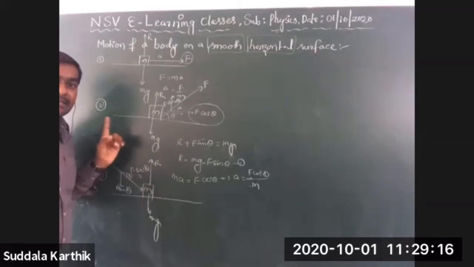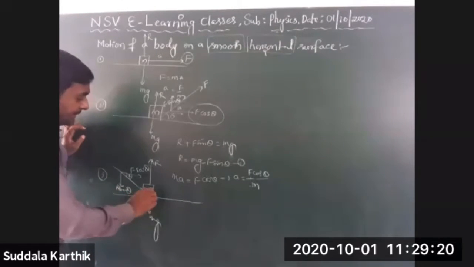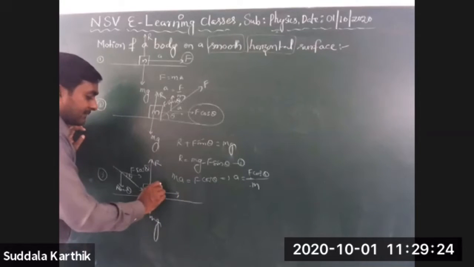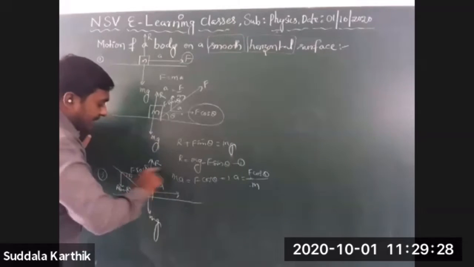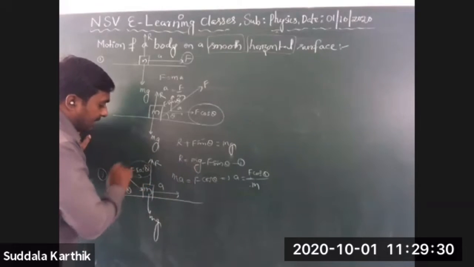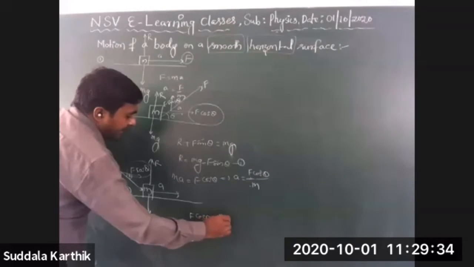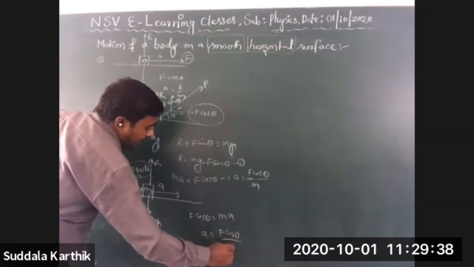The body moves in this direction, so it gets an acceleration a. What is acting is F cos theta, so F cos theta = ma, and again a = F cos theta / m.